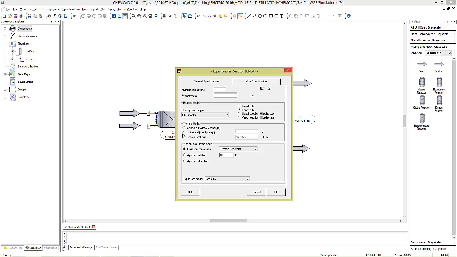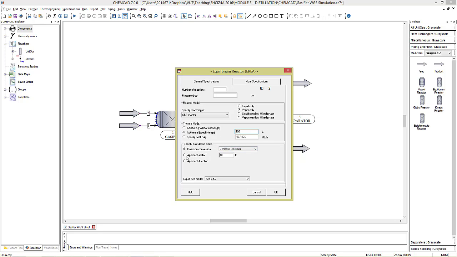Then the next step is to go isothermal on the reactor so that we keep the temperature of the reactor constant. We can start with whichever temperature, so let's say we'll start with 300 degrees Celsius, and then specify the calculation mode. This essentially says that you can specify a couple of things. You can specify the reaction conversion.